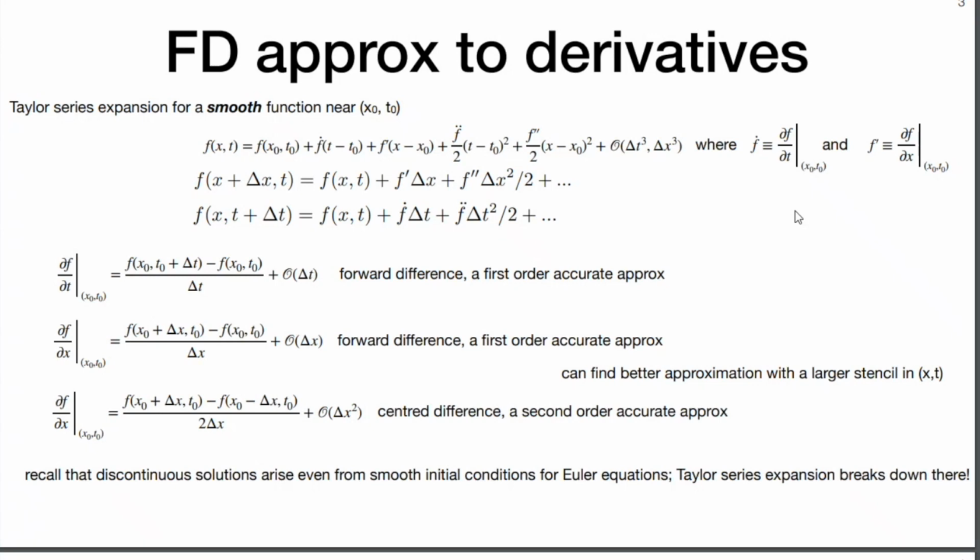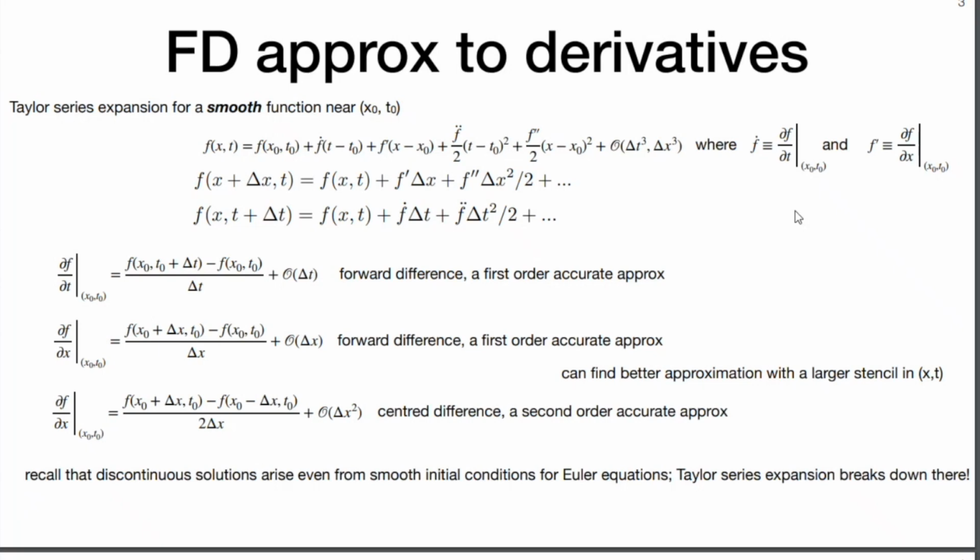Now, you can write f(x plus delta x, t) as this expansion. Here I'm using t as t naught. It's obvious what I'm doing here: I'm just expanding f in x and taking t to be constant. Similarly, I can hold x fixed and expand in time.